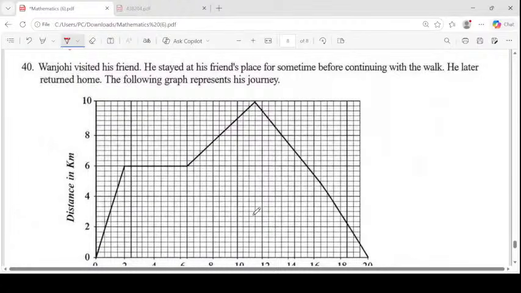He stayed in his friend's place for some time before continuing the journey. So meaning this is the home, the friend's home. Because you can see this part here where the graph is flat, the person was staying at the friend's home, then continued with the journey, then returned. That's how you interpret it.